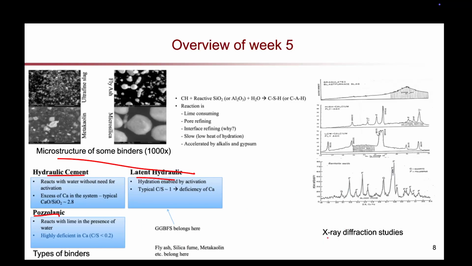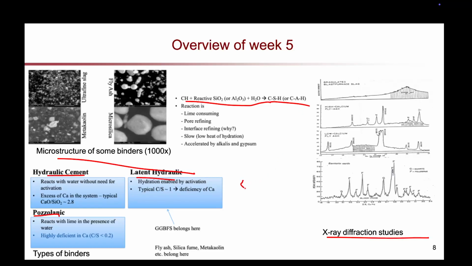So how can we identify the composition of our SCM? We can use an XRD study. In this case, you can see the different XRD peaks of different types of materials. If we are adding any type of reactive silica to calcium hydroxide, we get more CSH.